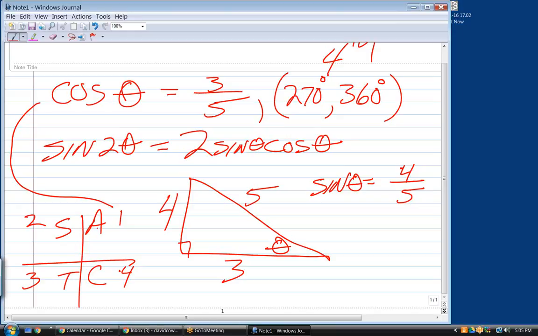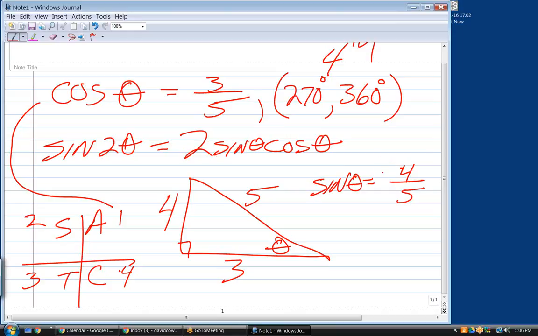What that means is that all 6 trig functions are positive in the first quadrant. In the second quadrant, only sine and its reciprocal is positive. In the third quadrant, only tangent and its reciprocal is positive. And in the fourth quadrant, only cosine and its reciprocal is positive. Since we're in the fourth quadrant, sine has to be what?